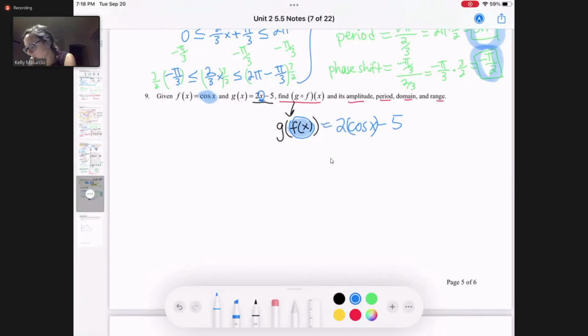You could also think of this as g of cosine of x. That's another way to write it if that's helpful to you. But now we know from everything we figured out here, 2 is my vertical scaling.